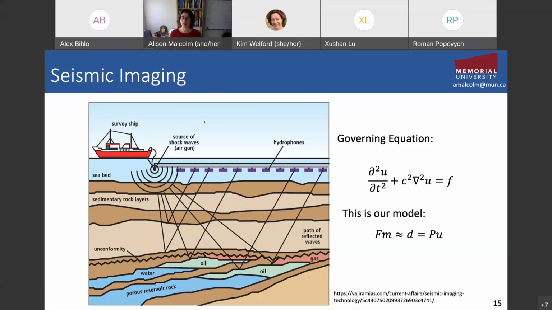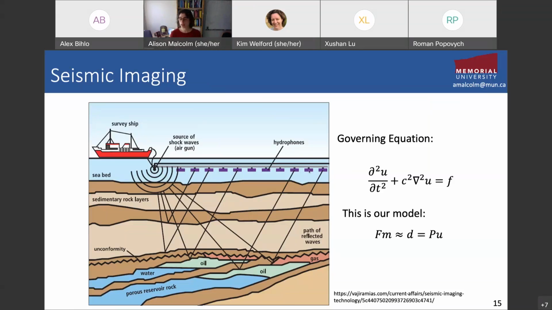And this is what we use as our model. The P here is just a sampling or projection operator that extracts the parts of the wave field that we will record at our sensors. We keep it there to make our notation precise, but you can essentially ignore that part.